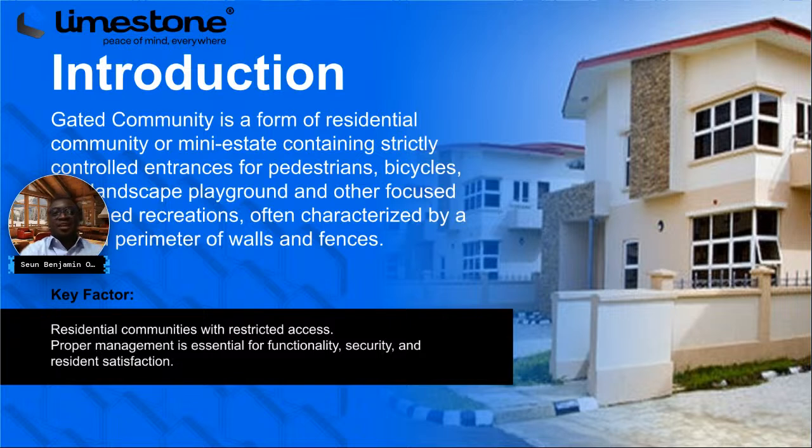I want to live in a very quiet environment. So I would say that a community estate comprises people living together to have their own privacy, where they have certain facilities working for them, like pedestrian and bicycle landscapes, playground, and other recreation, so as to ensure that they keep themselves safe from any external influences. Next slide, please.